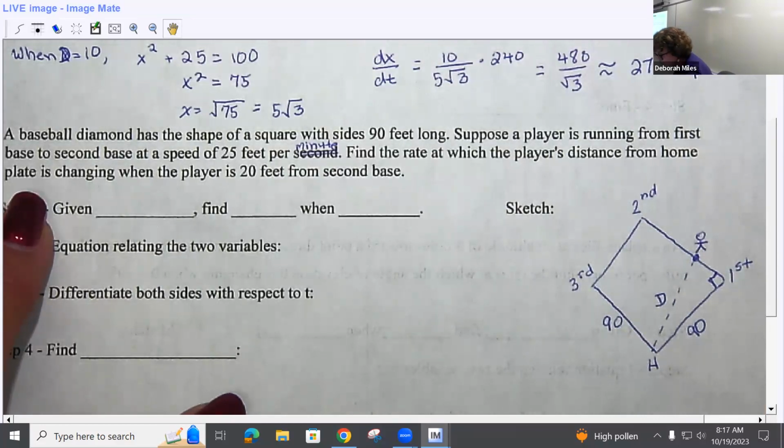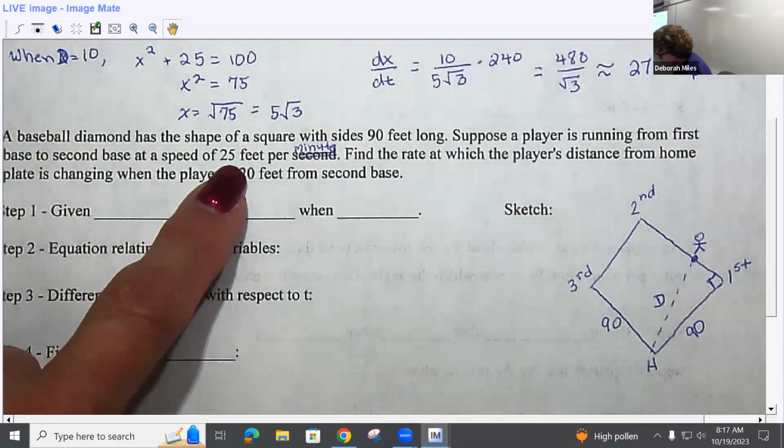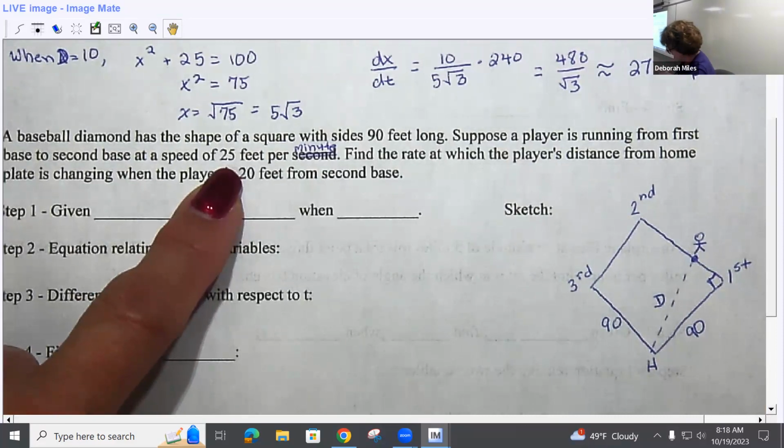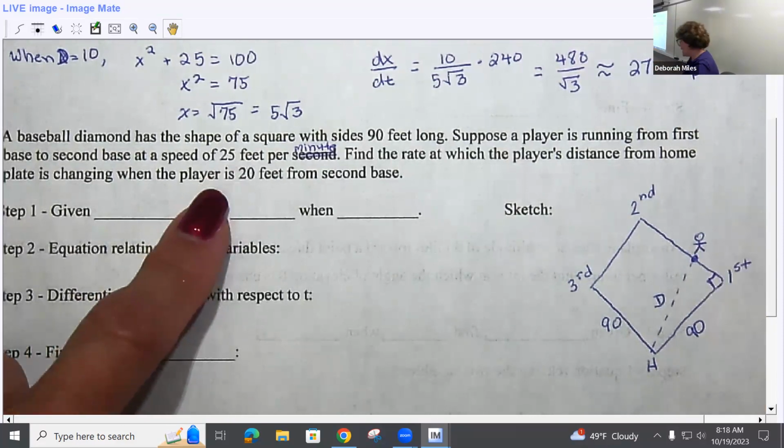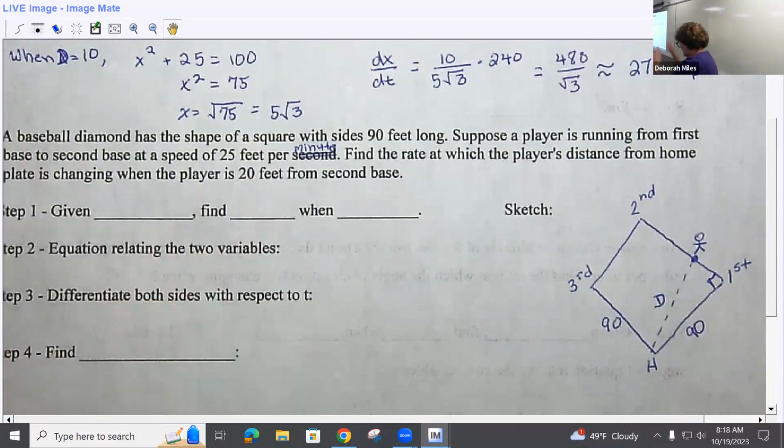And what else do you think we need a variable for? What is that 25 feet per minute? Well, it depends on where I put X. What's X? I need words, not pointing. The words are X can either be how far he is from second base or how far he is from first base. It doesn't matter.